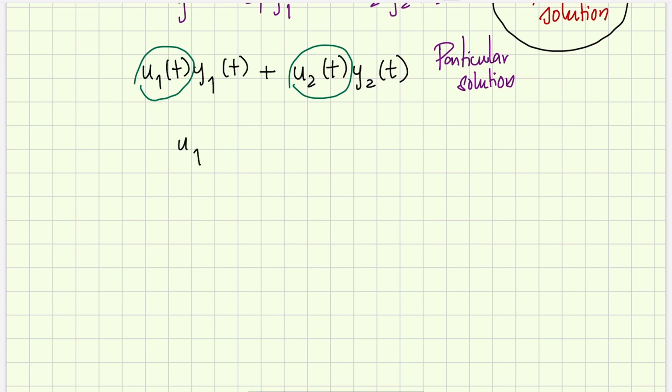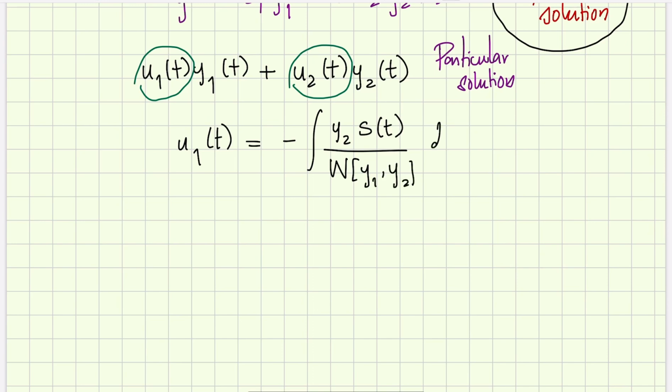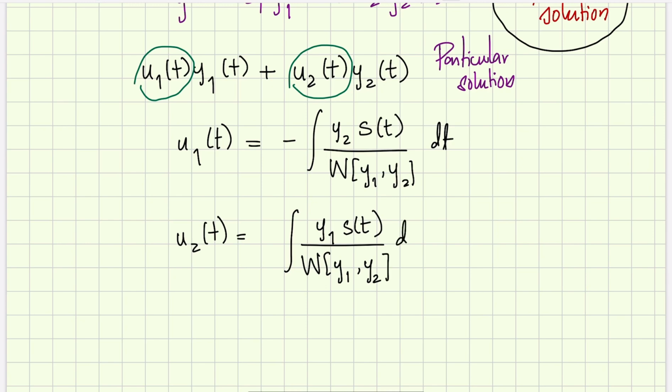So u1 of t is found by negative integral y2 times s of t divided by the Wronskian of y1 and y2 dt, and u2 is found by the integral y1 s of t divided by the Wronskian y1 y2 dt.